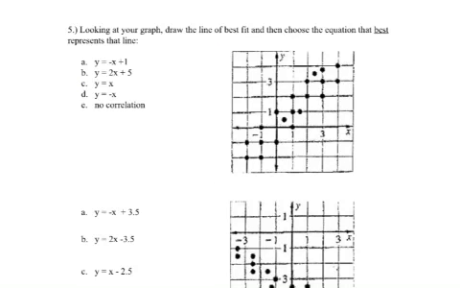Alright, so for this one, we want to draw our line of best fit and then pick which equation matches it the best. So if I draw a line through my data roughly, and then I would estimate my y-intercept to be right here, so I know my b or my y-intercept is 0 because it passes through the origin. Knowing that, I could eliminate choice A, B, and E because it's definitely not no correlation.